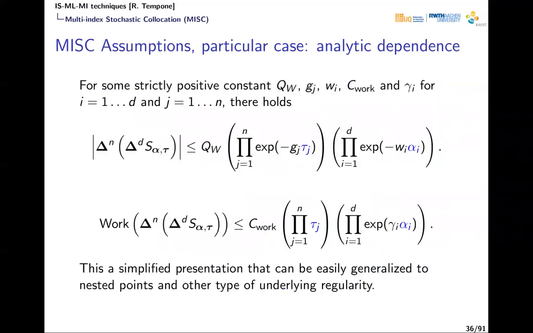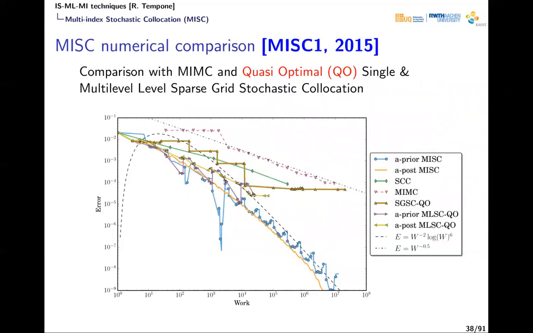For instance, in this linear PDE with random inputs of elliptic type, we did the computations here with the case of 3 dimensions, right? And you see here multi-index Monte Carlo behaving as best as it can. And here you see a computation done with multi-index stochastic collocation. And you see that in terms of error for the same work, it outperforms dramatically the way multi-index Monte Carlo does.